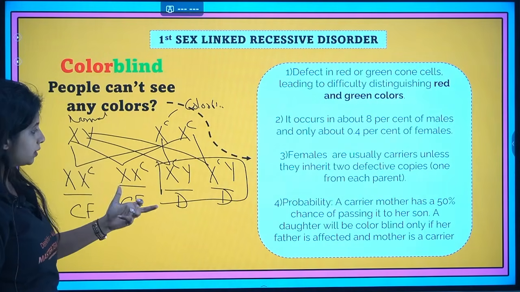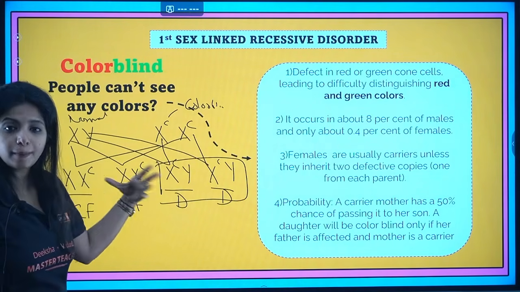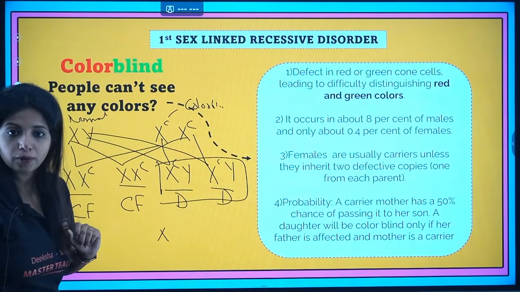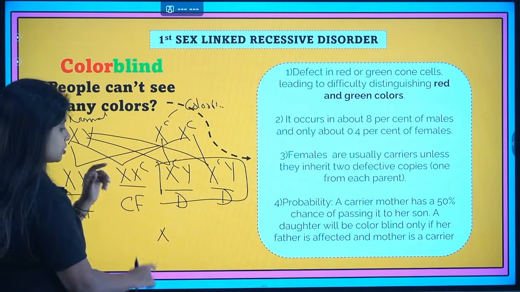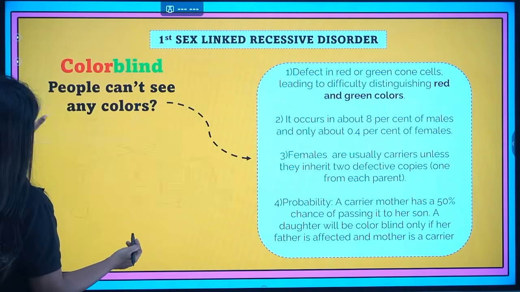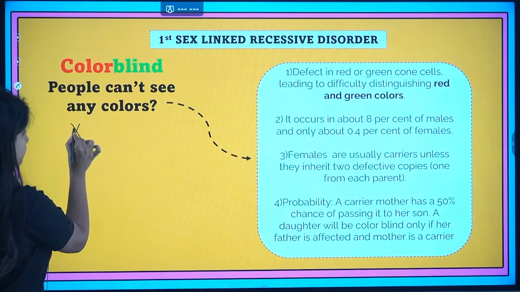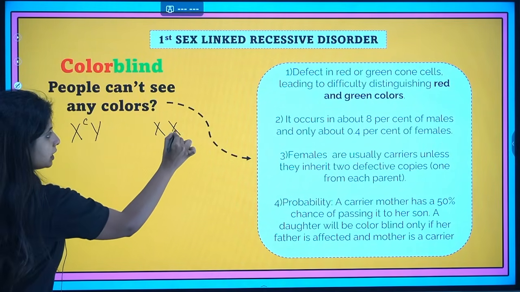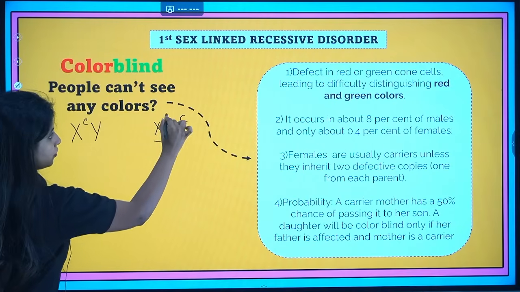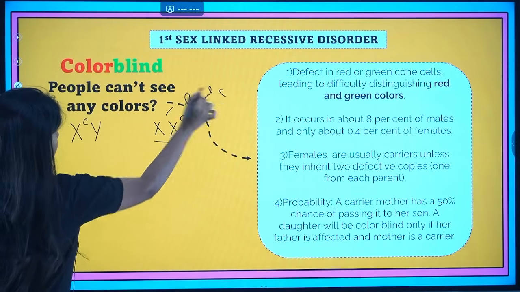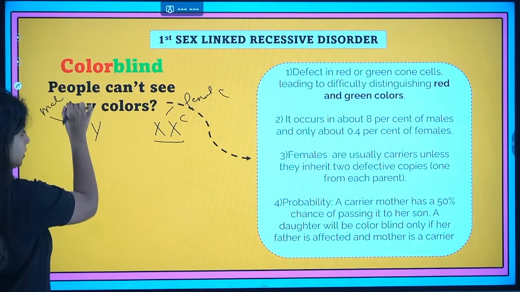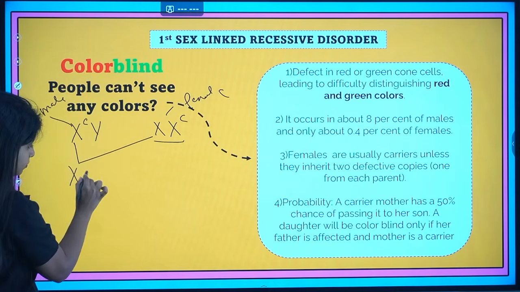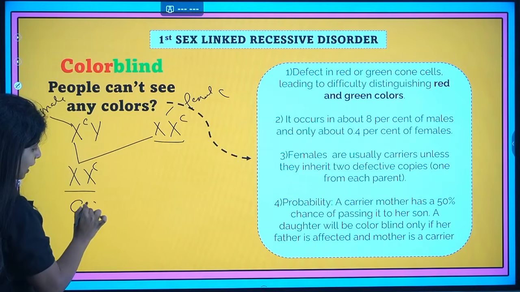Now, you only think, if you want to make the females being affected, you need 1 X chromosome from the mother and 1 X chromosome from the father. So at least, okay, let's see that condition now. Here, this time, the male is affected and the female is a carrier. So what is going to happen? This and this comes together, you get a carrier female.